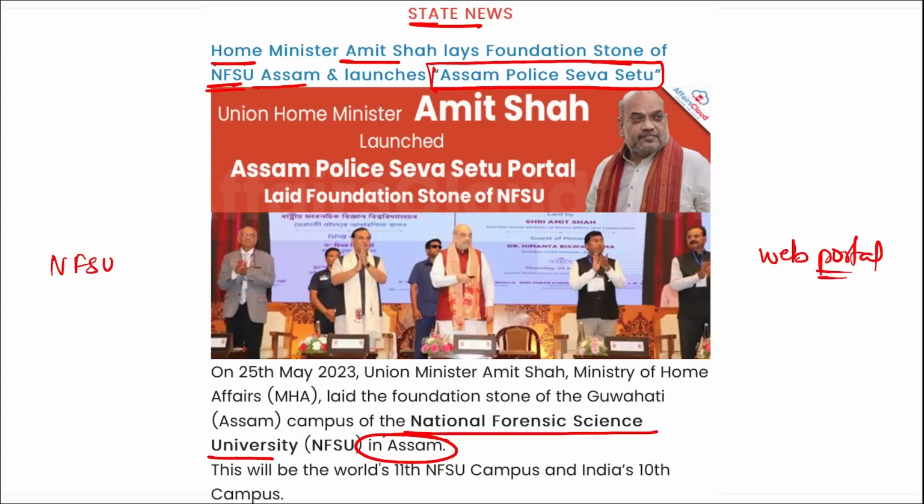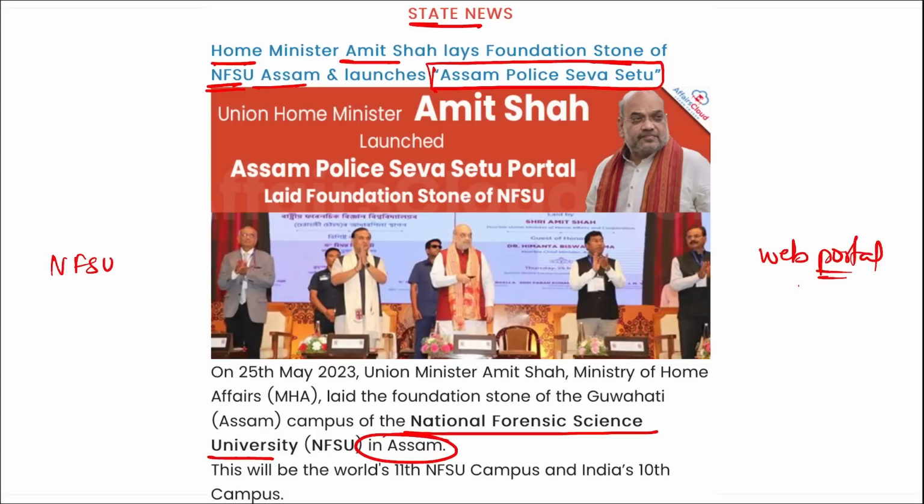Apart from this, during the event, a book was also unveiled, that is Analysis on Judicial Approach on Forensic Evidence, and this was written by Dr. J.M. Vyas. Correct? If we talk about this National Forensic Science University, the Assam government has given 50 acres of land to this Forensic Science University, and the union government will provide 500 crore rupees to this NFSU for the graduation and post graduation of 3500 students.